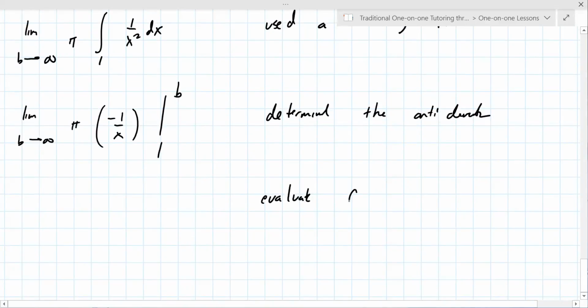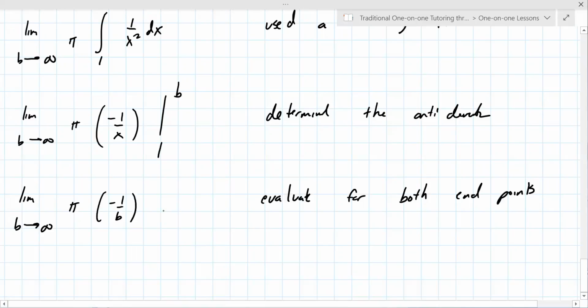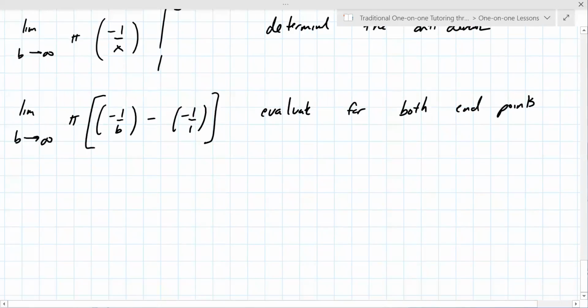Evaluate for both endpoints. So that's the limit as b goes to infinity, pi times negative 1 over b minus negative 1 over 1. Maybe substitute, I don't know, the wording probably doesn't matter.